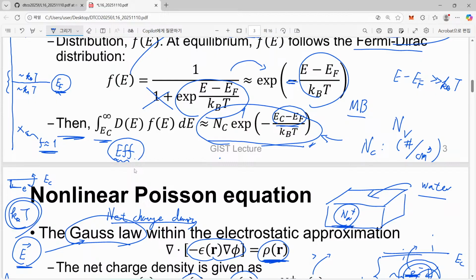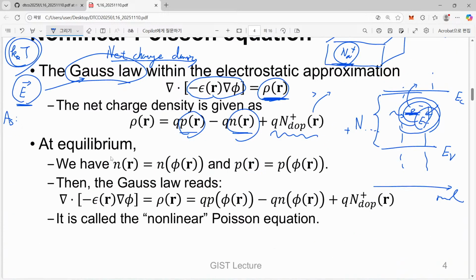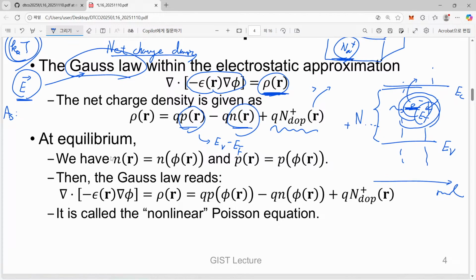And we can answer in the same way for hole density: the energetic difference between valence band maximum and Fermi level really determines our hole density. So now we have two quantities.